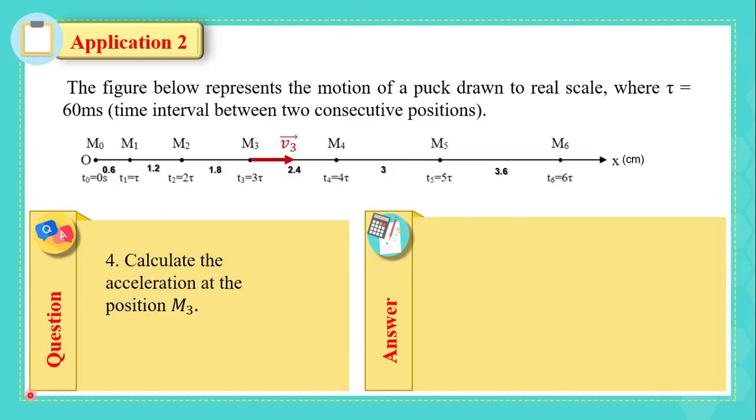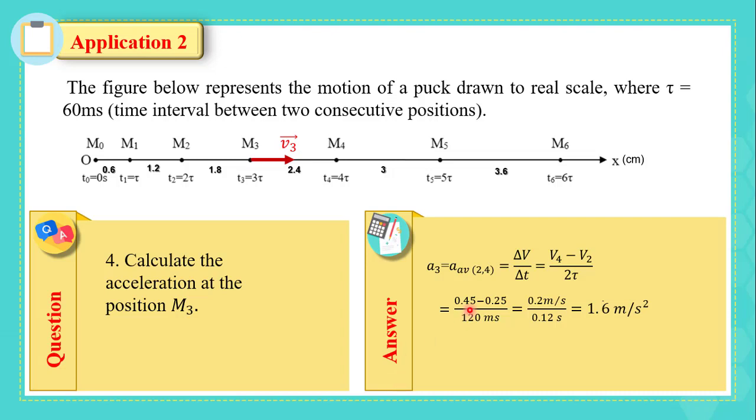Now you are asked to calculate the acceleration at the position M3. The instantaneous acceleration A3 is equal to the average acceleration between the instants 2 and 4, which is equal to delta V divided by delta T, which is equal to V4 minus V2 divided by 2 tau.